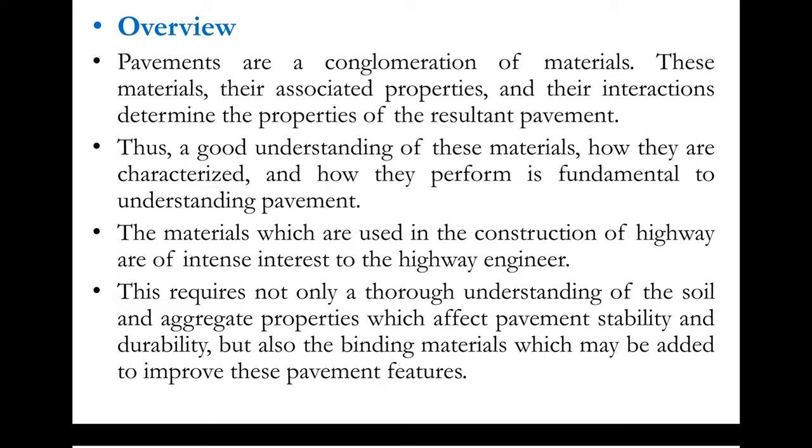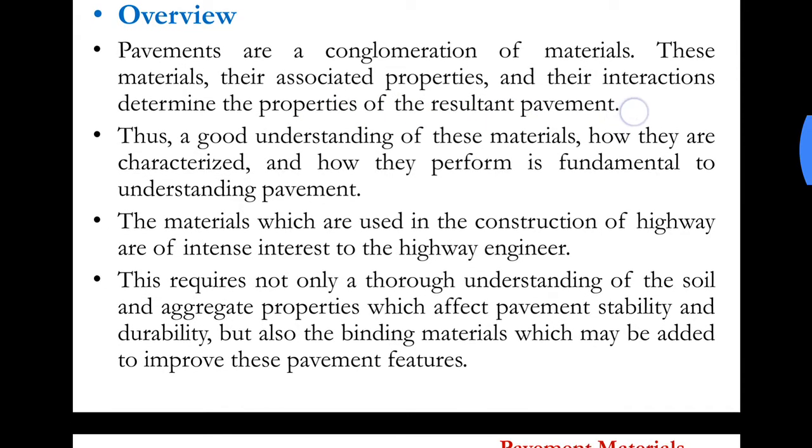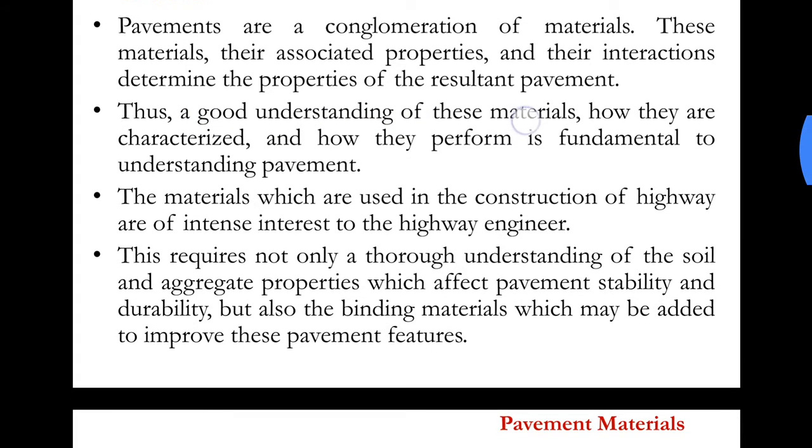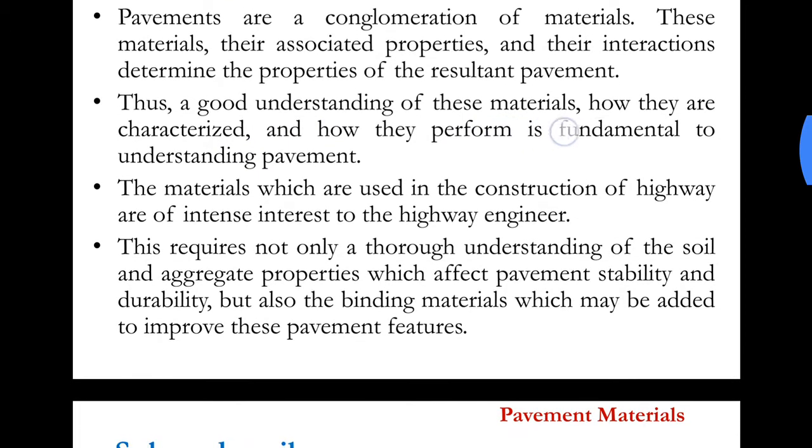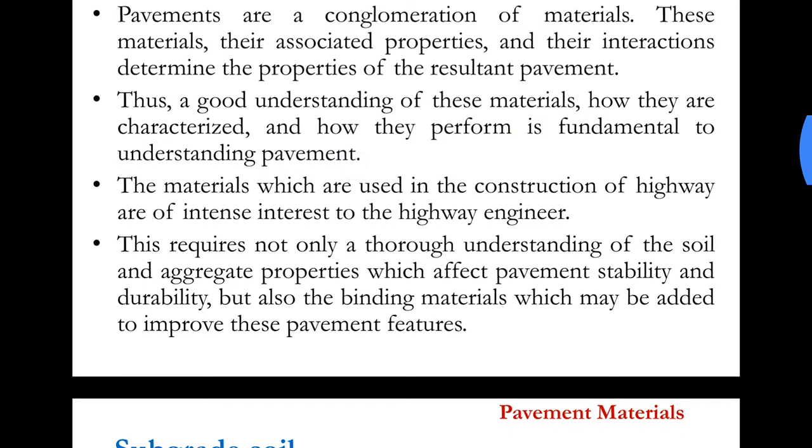This will determine the property of the resulting pavement. Thus, a good understanding of these materials, how they are characterized and how they perform, is fundamental to understanding a pavement. So in order to understand what a pavement is, we need to understand all these properties and the characteristics of different materials that are being used for the construction of a pavement.